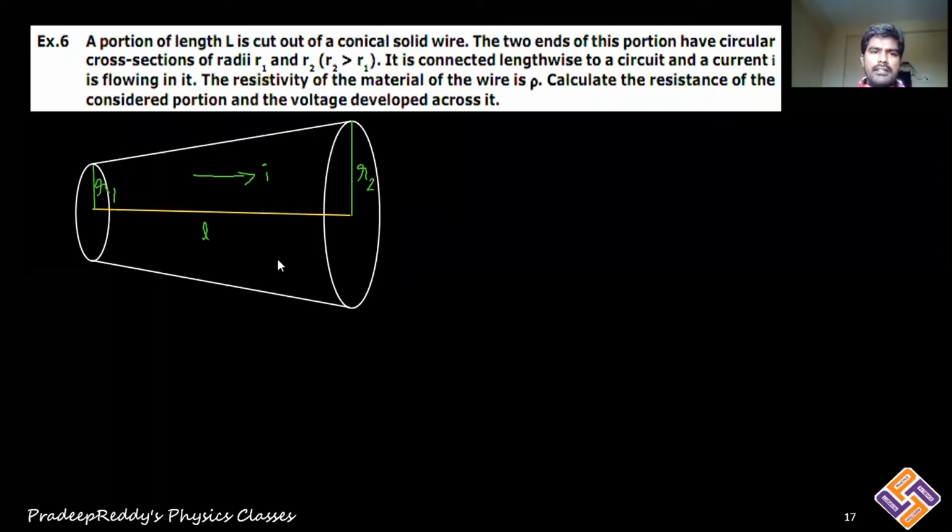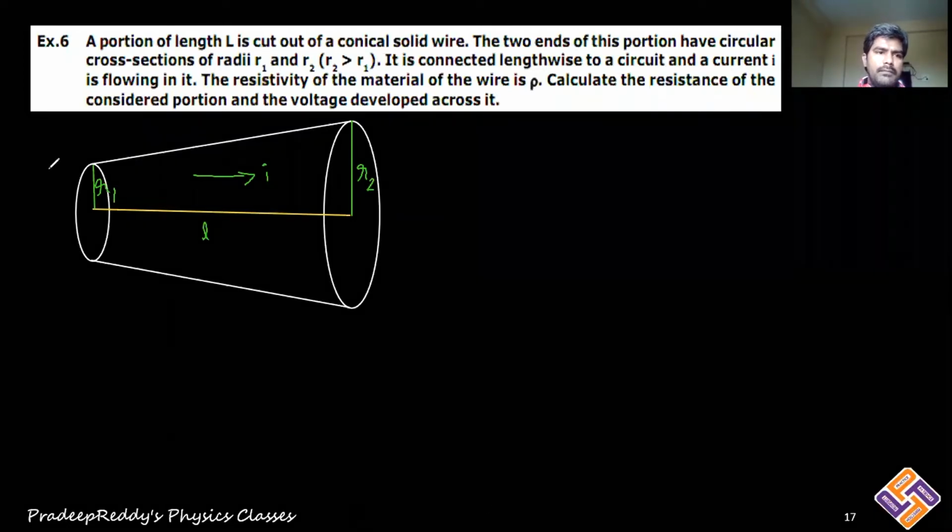So this conductor, which is being cut from a long wire, has radius of cross-section R1 at one end, and the other one has radius R2. So area of cross-section here you can write as pi R1 square, and area of cross-section here pi R2 square. Clearly R2 is greater than R1.